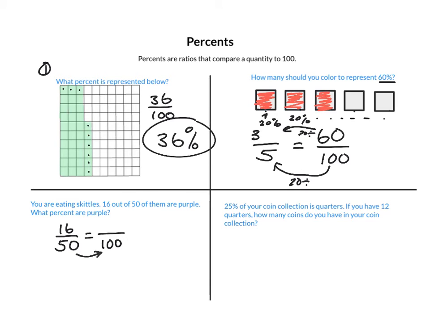Now to get from 50 to 100, we multiply by 2. So we multiply 16 by 2, we get 32, sorry, my bad. So 16 out of 50 is equal to 32 out of 100, which equals 32%.